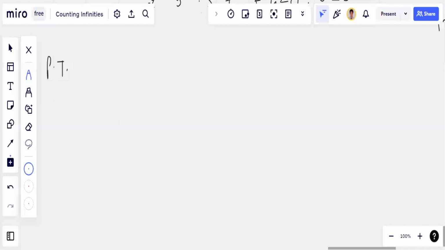Okay. Sanjana, would you like to tell how you did it? All rationals can be written in the form P by Q, where P and Q are integers and Q is not zero. So you can just consider it as P comma Q instead of P by Q. In that way, every rational is in Z cross Z, and we've already proven that that is countable. So rationals are countable.